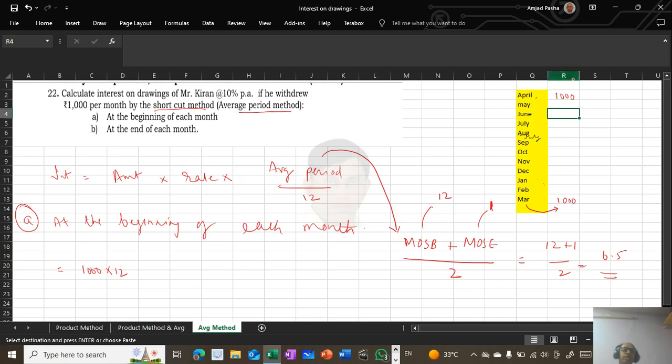So April he has to pay for all 12 months. So that is what is months outstanding at the end. So at the beginning of each month, 12 into rate. What is the rate?